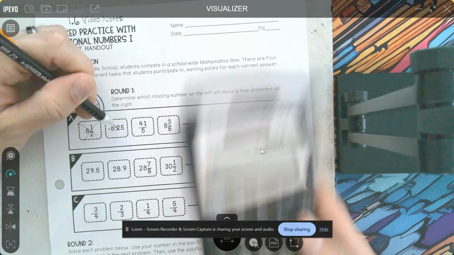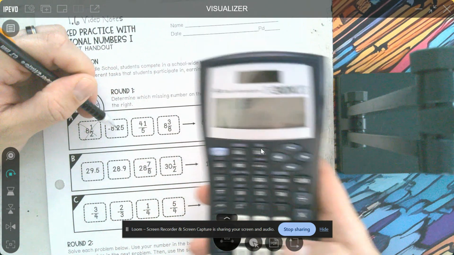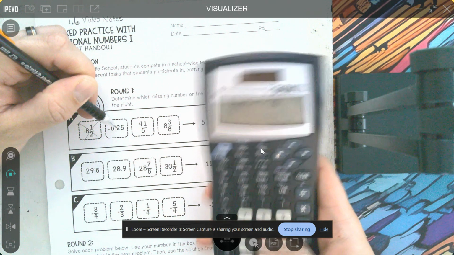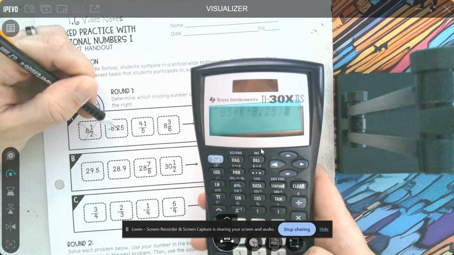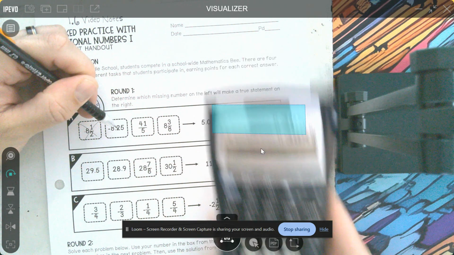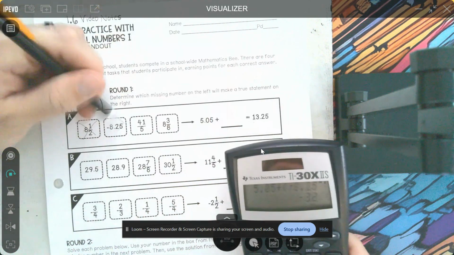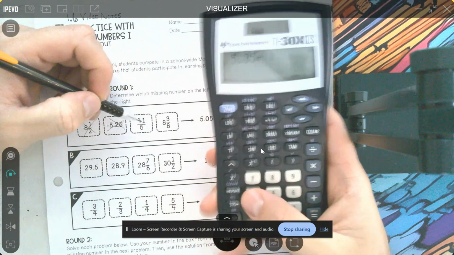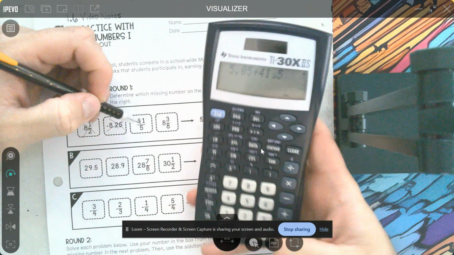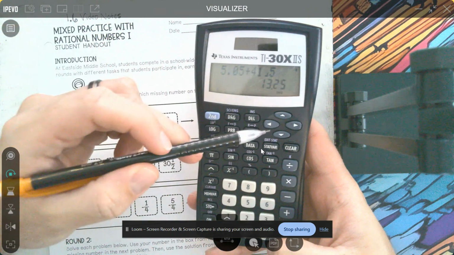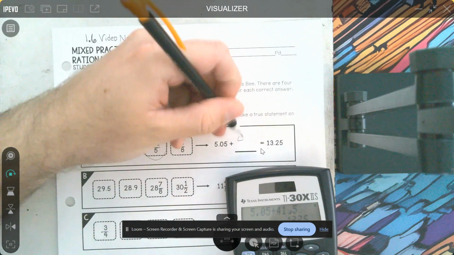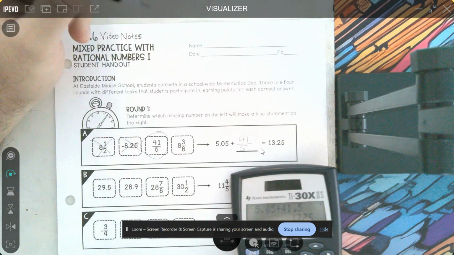Let's try the next one. 5.05 plus negative 8.25 gives you negative 3.2. That's not the answer. 5.05 plus 41 fifths, and you get 13.25. That's my answer. 41 over 5 is my answer.